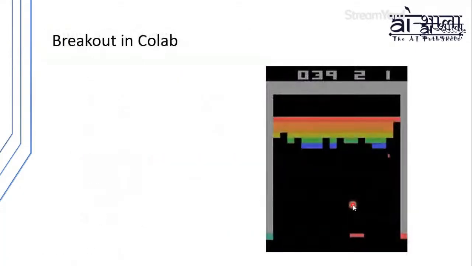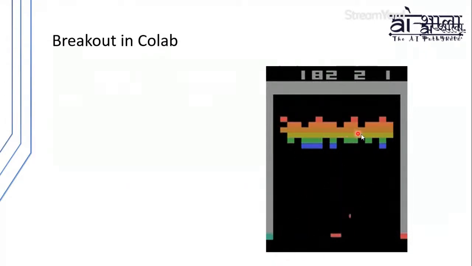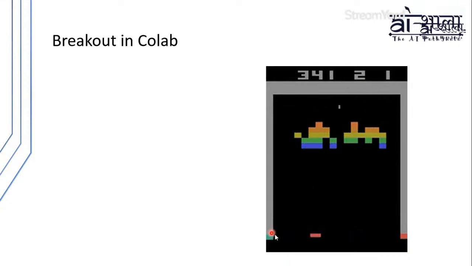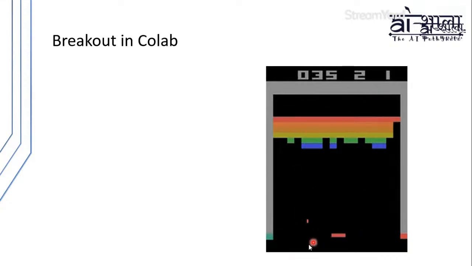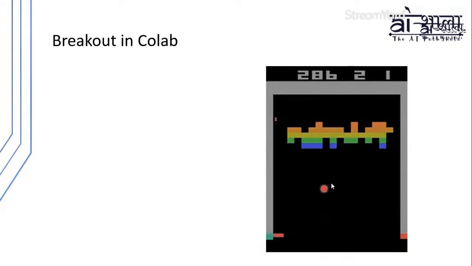For example, this is a breakout game where a deep RL based agent is learning how to break all these bricks with this ball, and whenever the ball is coming down, the paddle should come near it so that it bounces back. If it goes down, the game is over. This is entirely trained by a deep Q learning based agent.